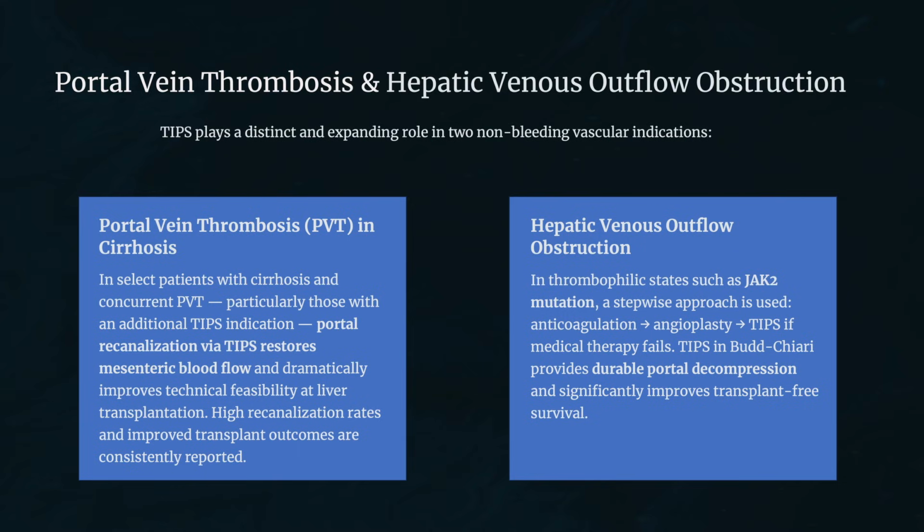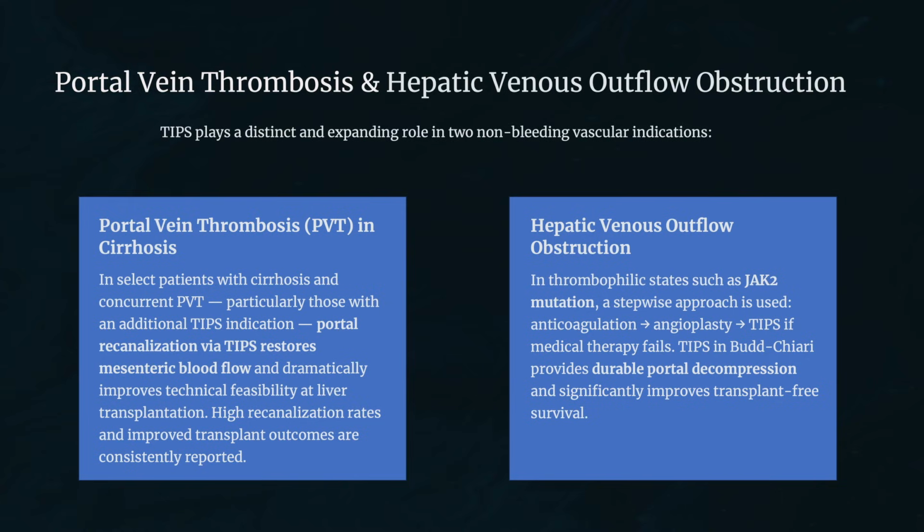And then lastly, this is a different group of patients, not particularly those who have chronic liver disease or cirrhosis, but patients presenting with hepatic venous outflow obstruction, such as those with Budd-Chiari syndrome, whereby you have a prothrombotic or high thrombotic state, such as a JAK2 mutation, which is resulting in significant portal vein thrombosis.